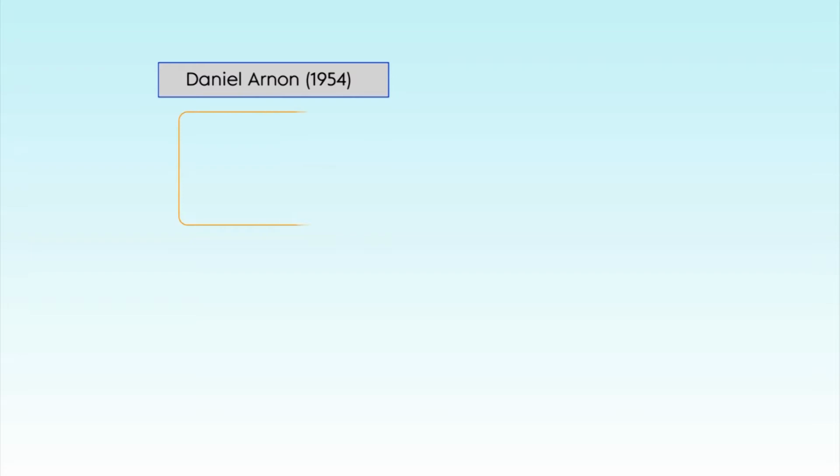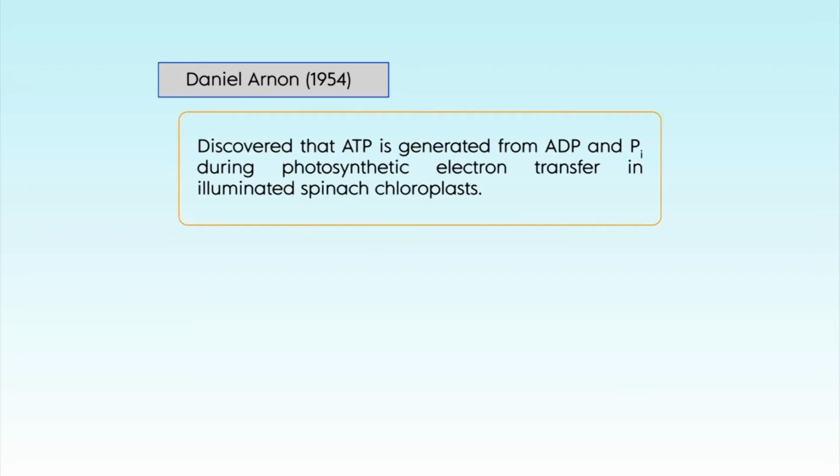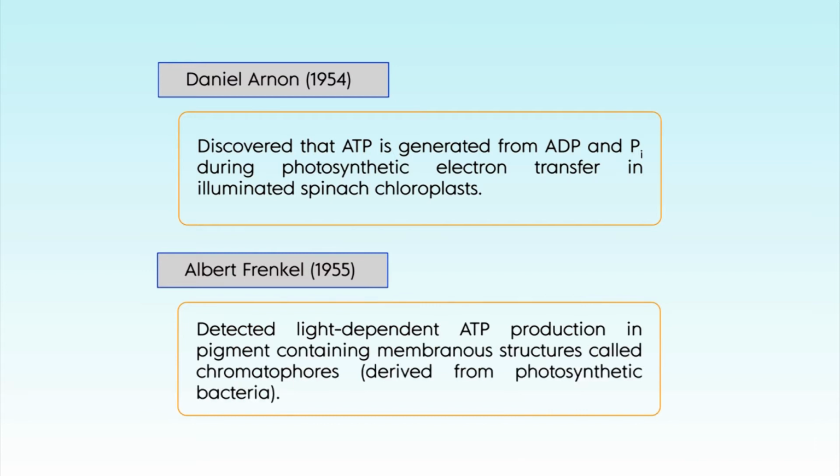In 1954, Daniel Arnon and his colleagues discovered that ATP is generated from ADP and inorganic phosphate during photosynthetic electron transfer in illuminated spinach chloroplasts. Support for these findings came from the work of Albert Frenkel, who detected light-dependent ATP production in pigment-containing membranous structures called chromatophores, derived from photosynthetic bacteria.